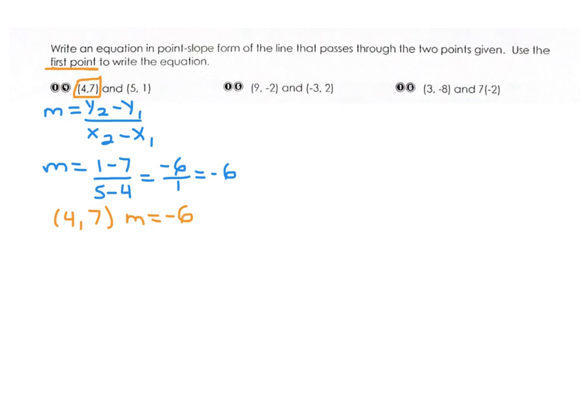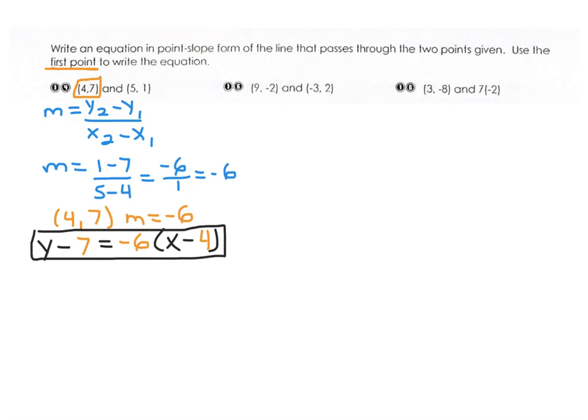So now as we go to put that into point slope form, we have y minus y1, which is 7, equals m, which is negative 6, times the quantity of x minus x1, which is our 4. Okay, and that is already in its simplified version. So there is our point slope form.